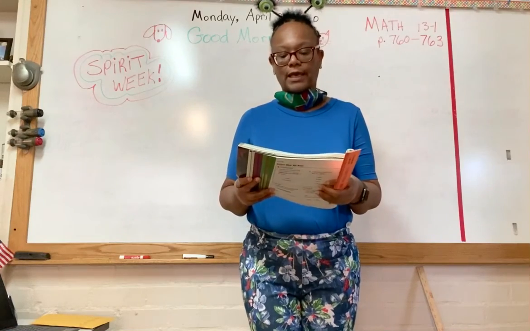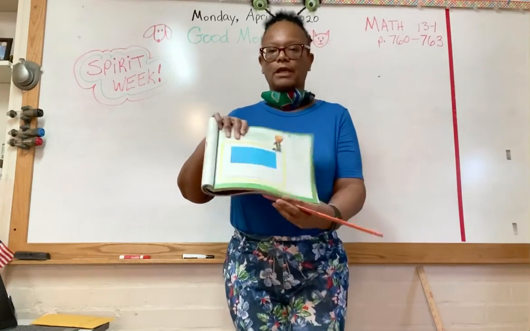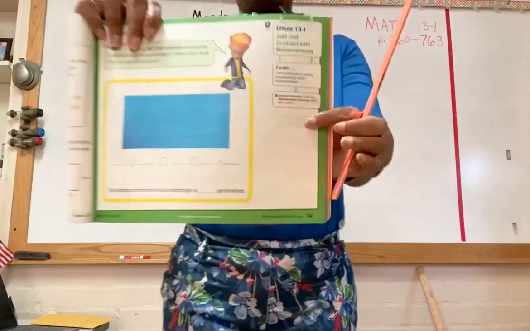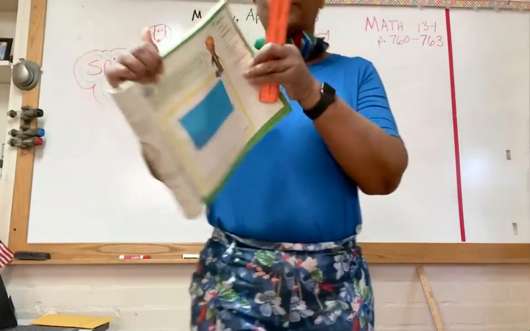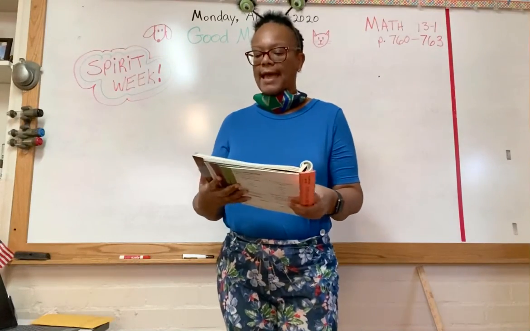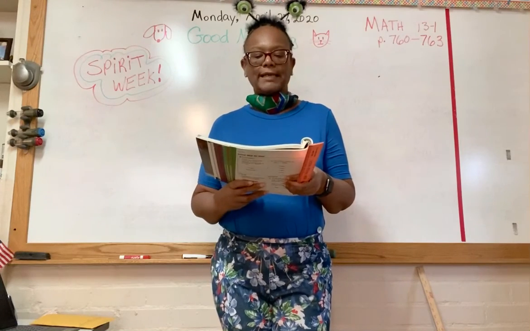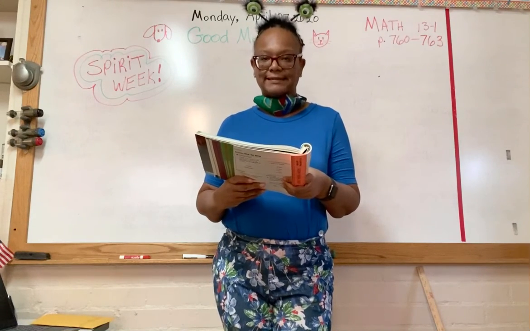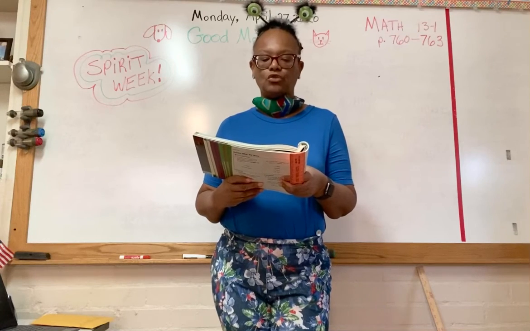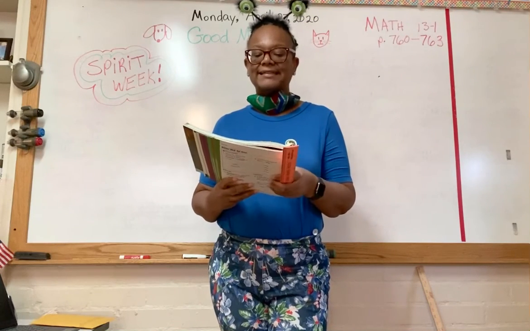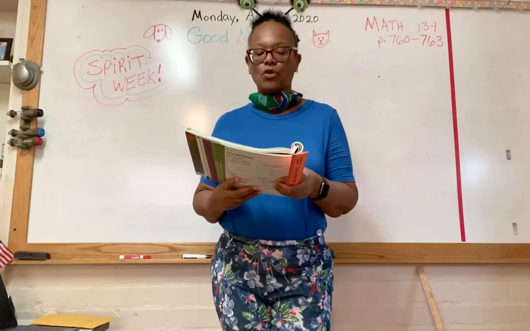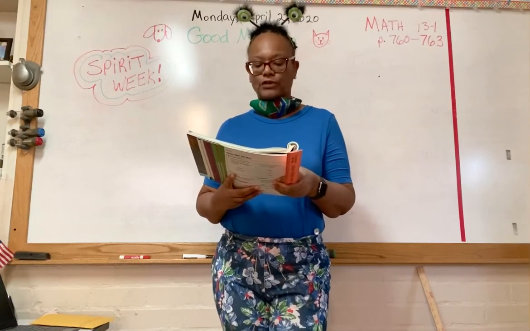I'm going to go ahead and start with lesson 13-1, which says add and subtract with measurements. What is the total distance around the blue rectangle in centimeters? Show your work. Do you add or subtract?